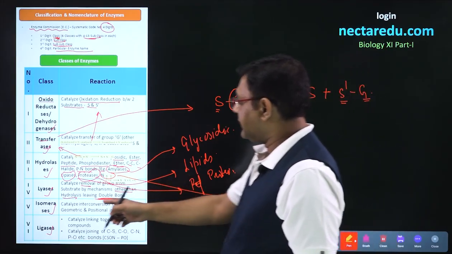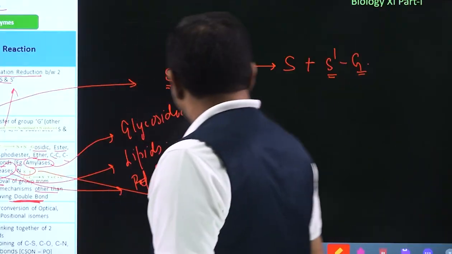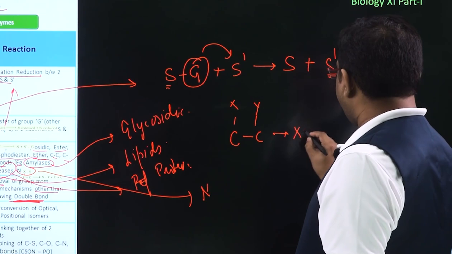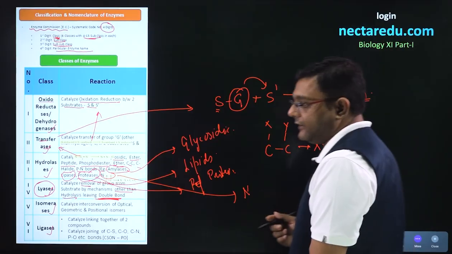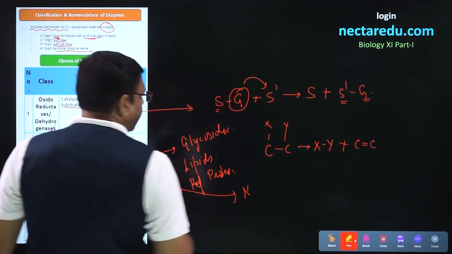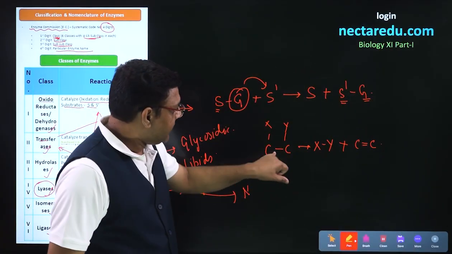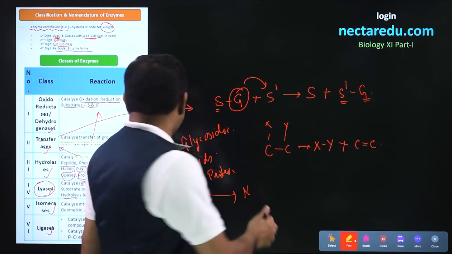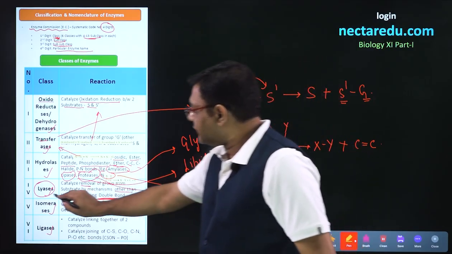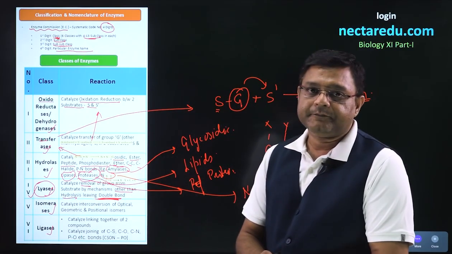When the lyases act, this particular XY group is removed and it results in a double bond. As we see in the case of carbon, here we get a double bond and this group is removed, and that is the action of lyases.